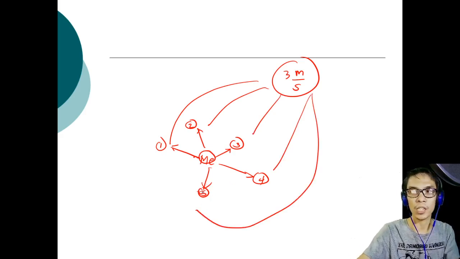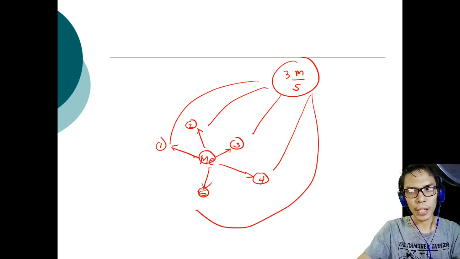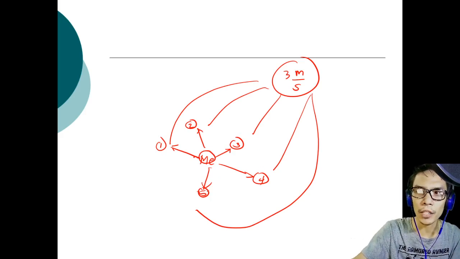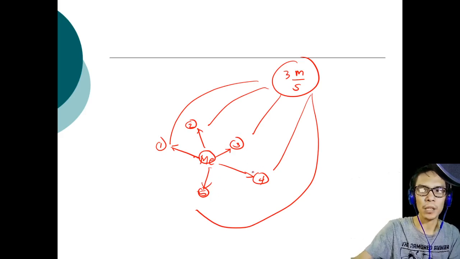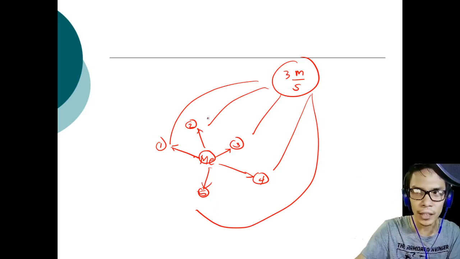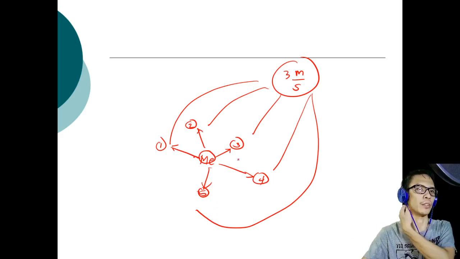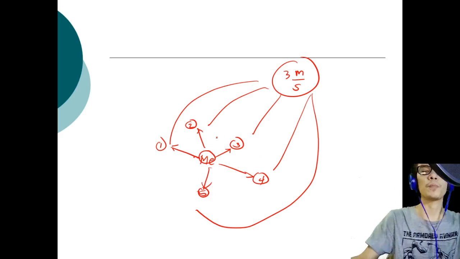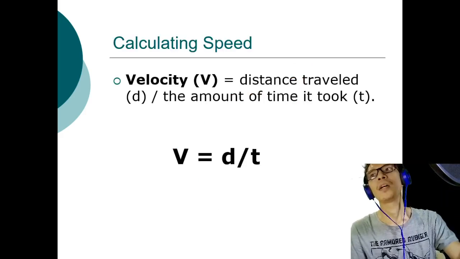That is why their velocities are different. Is that clear, guys? So I will repeat: the people that you have right here may have the same speed, but they have different velocity because they travel in different directions. That is the difference between speed and velocity.